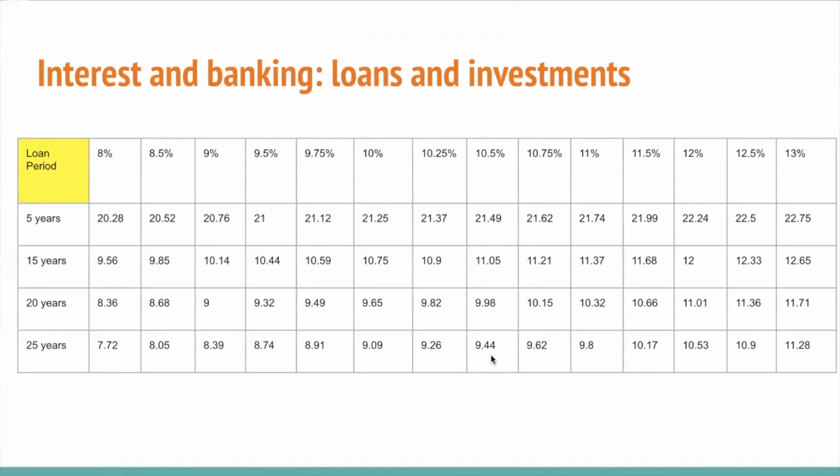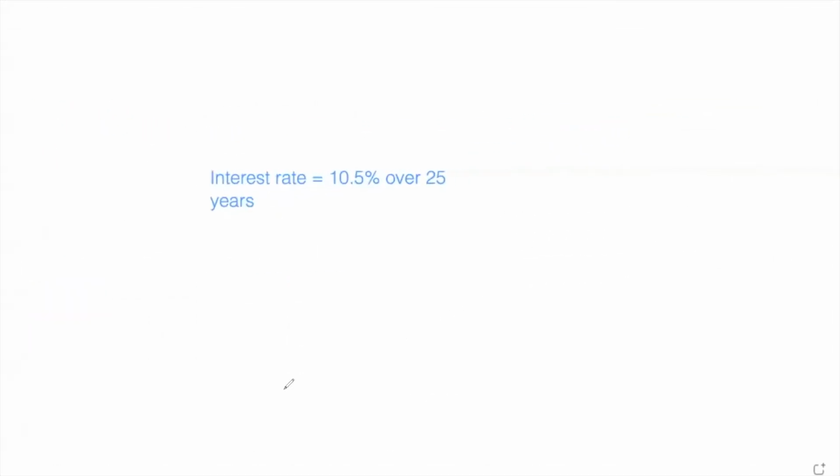So the factor is 9.44 over 25 years, and the factor value from that table that I just showed you is 9.44. So for every 1,000, I'm paying 9 Rand 44.